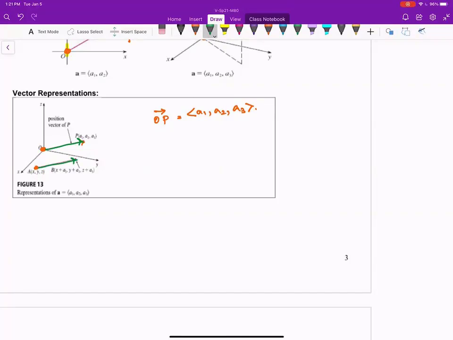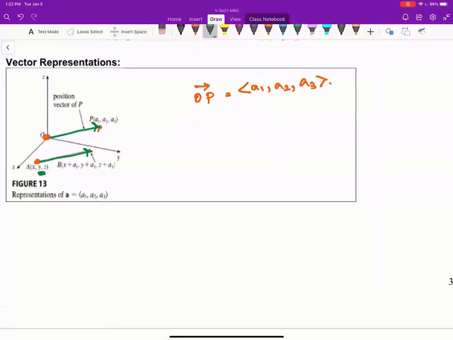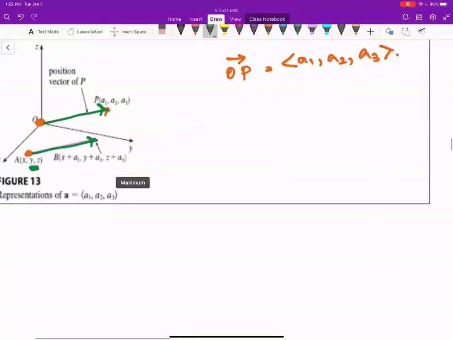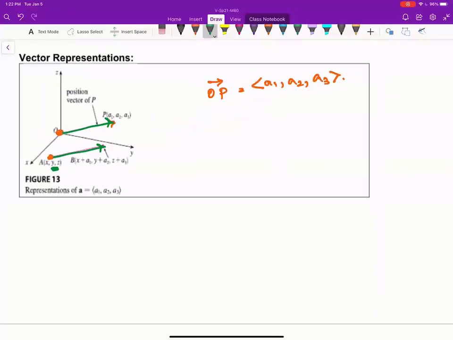So you can start the vector at the point x, y, z, and then add the components a1, a2, a3. So the point B has the coordinates x plus a1, y plus a2, and z plus a3. So vector OP and vector AB are equivalent vectors.